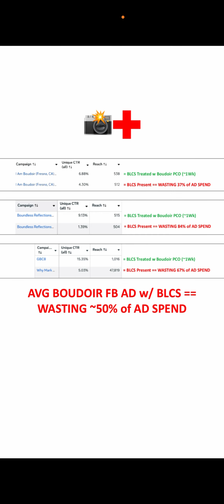Which was 40 grand over the next 12 months, literally kind of like phantom profit we're taking in. And then we simply spend 6,300 bucks a month on the new Boudoir Pico treated ad at the 6.88% unique CTR. And we're getting our Boudoir Facebook ad into the same number of women's brains compared to running the original Boudoir Facebook ad with BLCS at a spend of 10 grand per month.